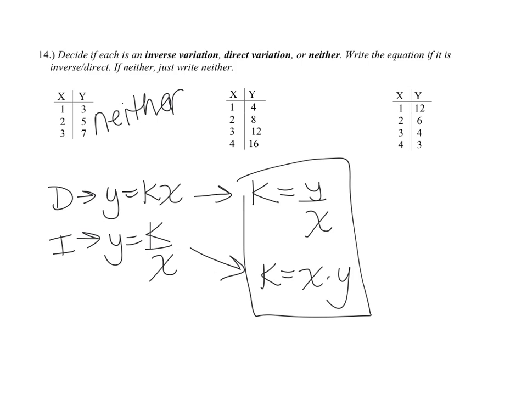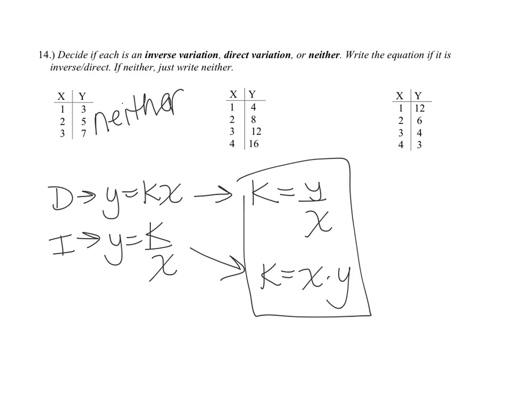So let's try this next one. Let's check for direct. So we're checking to see if we have the constant y by x, right? 4 divided by 1 is 4. 8 divided by 2 is 4. 12 divided by 3 is 4. 16 divided by 4 is 4. Did you just get a constant?